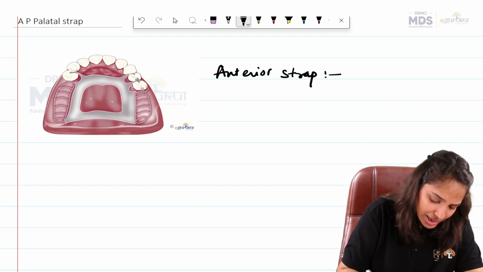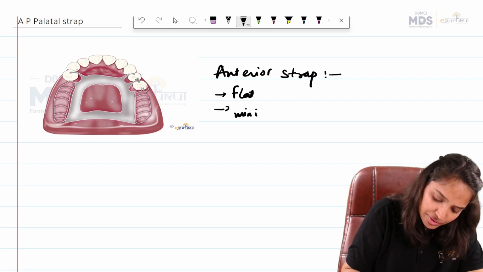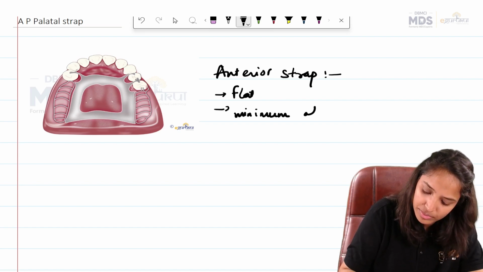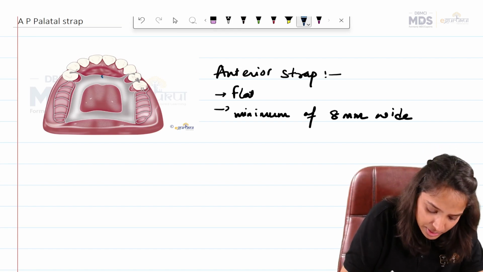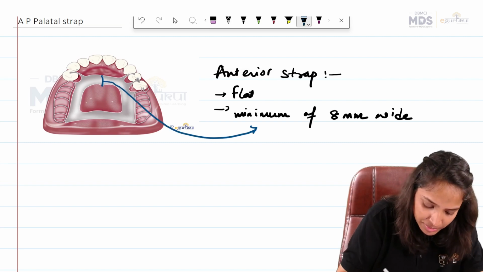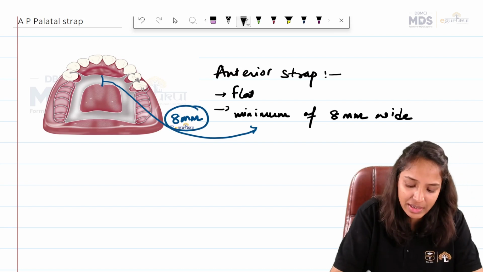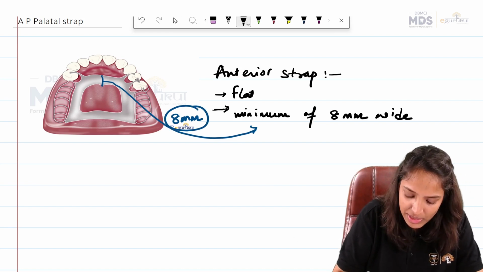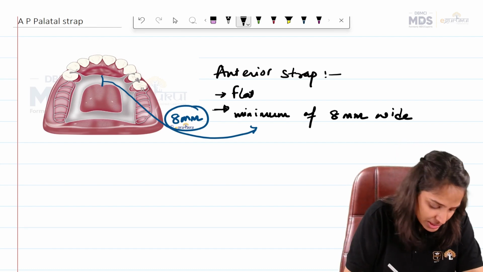Now, anterior strap is flat and it should be a minimum of 8 millimeters wide. So if we look at the figure over here, this particular width should be minimum 8 millimeters. It should not be less than that. The reason we all know is that it will compromise the rigidity of your prosthesis.